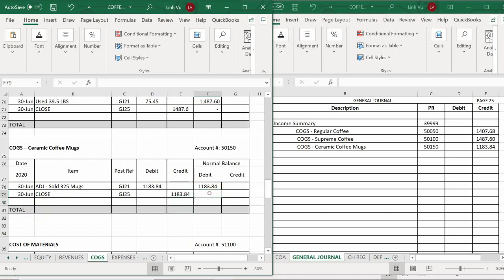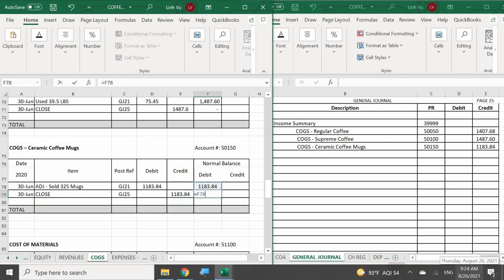All right, you might need to do your formula for this one. So this plus any debits, subtract any credits should give you zero.